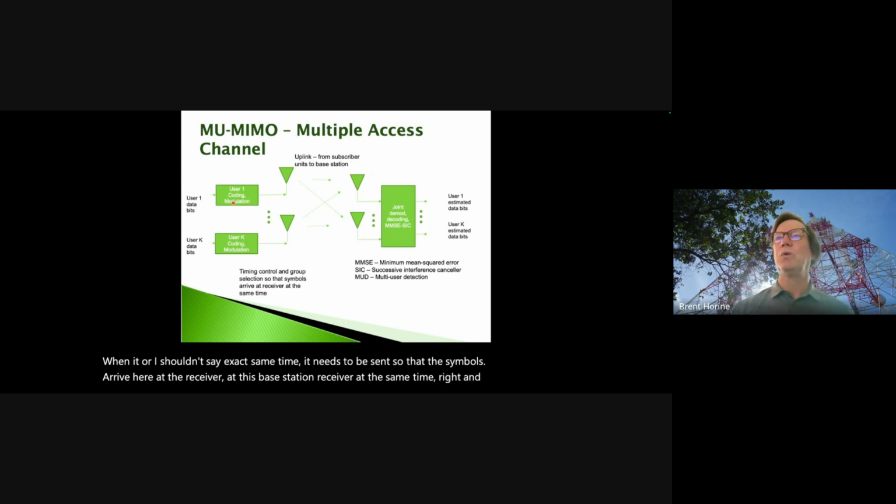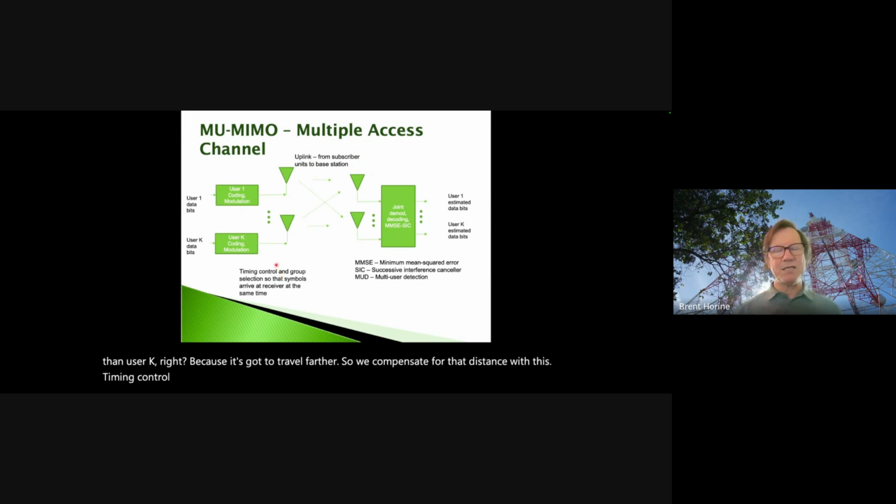And if user one, let's say, is a little bit farther away than user K, it probably needs to start its transmission a little bit earlier than user K, right? Because it's got to travel farther. So we compensate for that distance with this timing control.